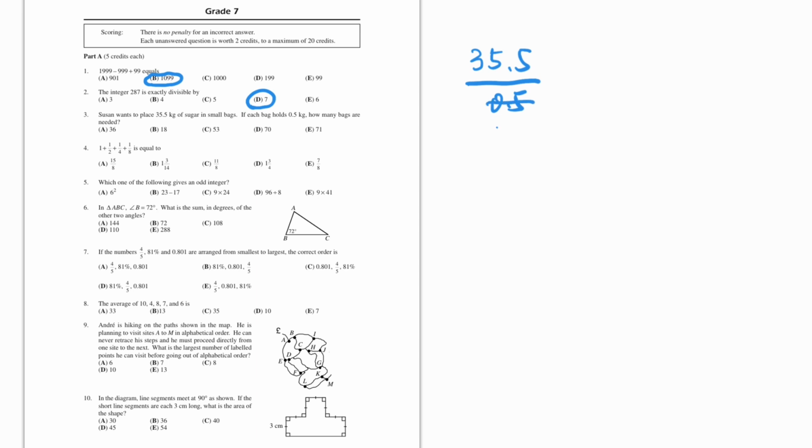Cancel the 5, and we get 7.1, and the answer will be 71. Answer is E.